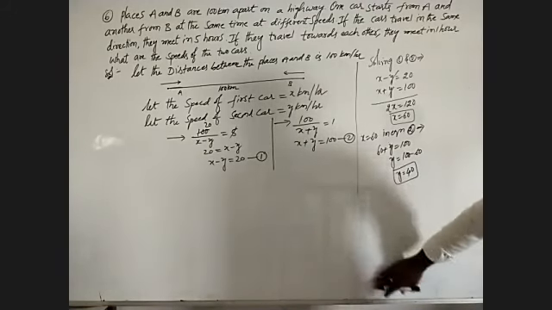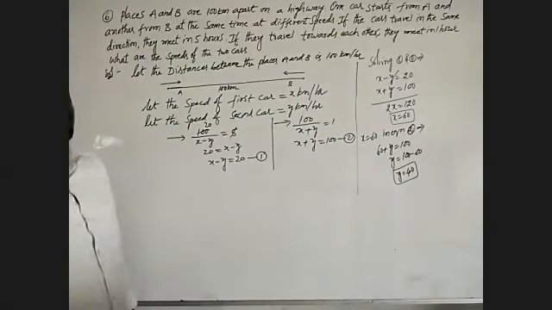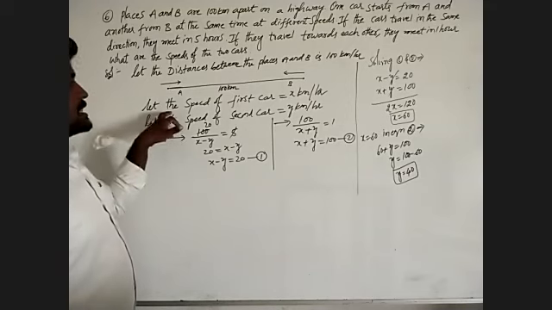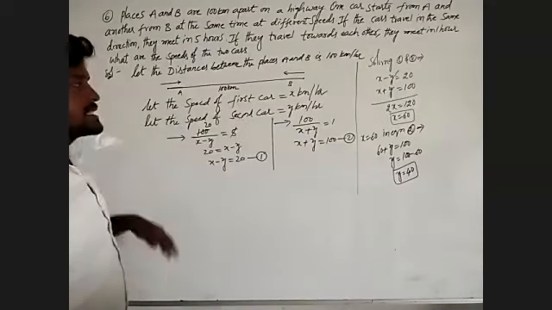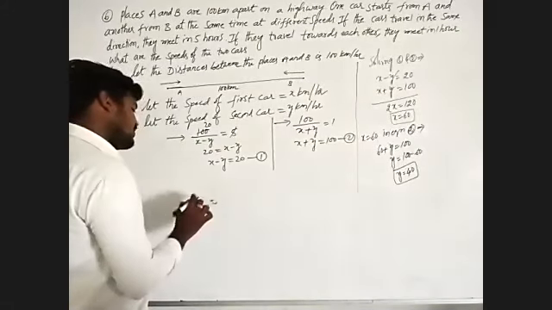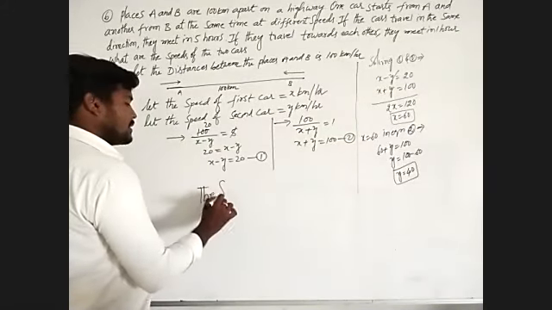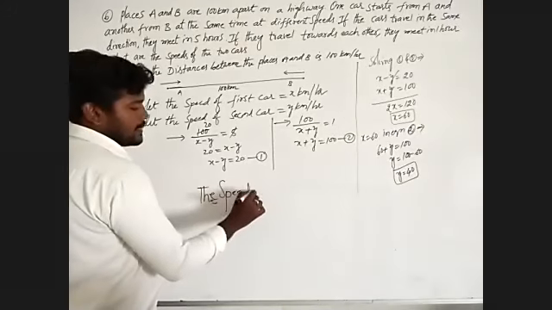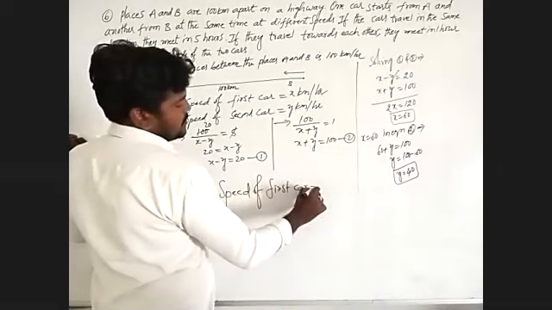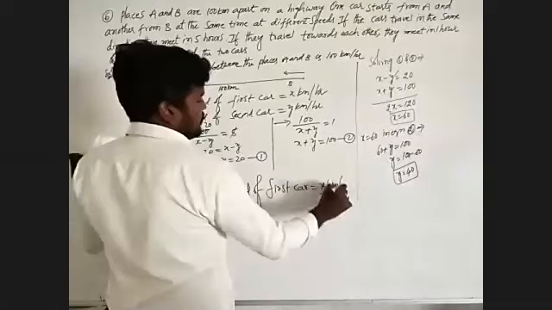What is asked to find out in this problem? The speed of the first car and the speed of the second car. The speed of the first car is equal to x kilometer per hour.